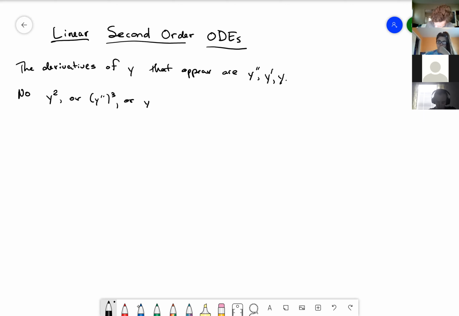So there's nothing like y double prime times y prime. Only, let's say, degree 1 terms. So this is what we mean by linear in this context.